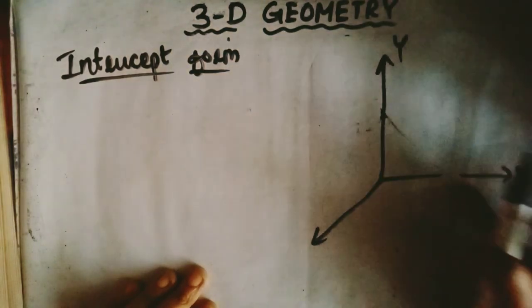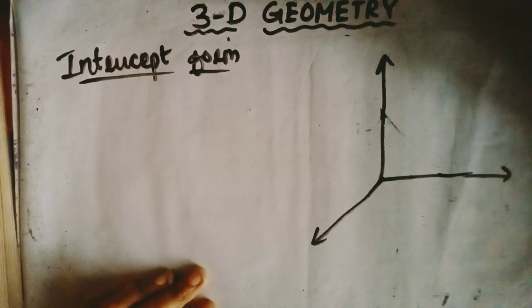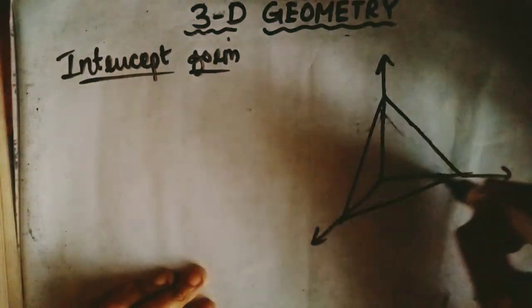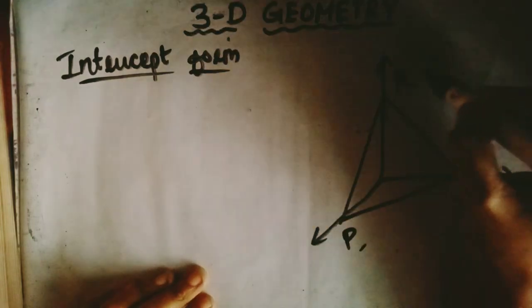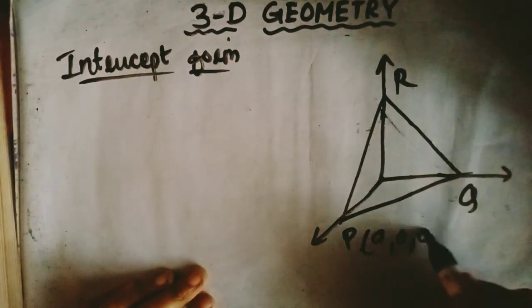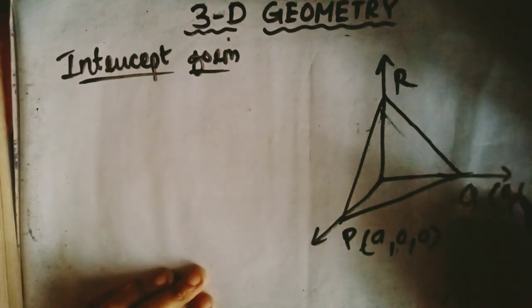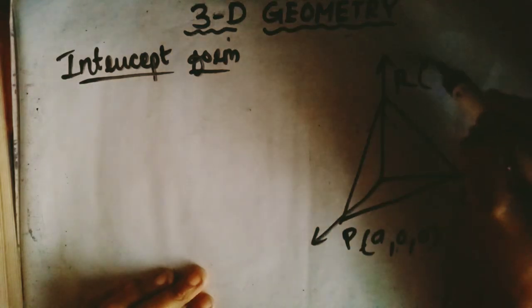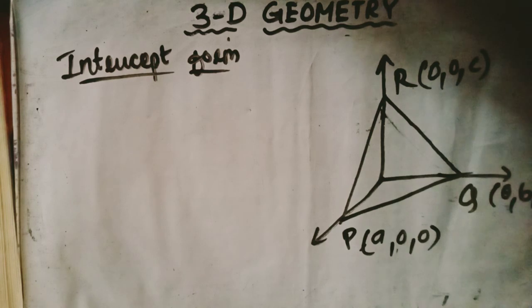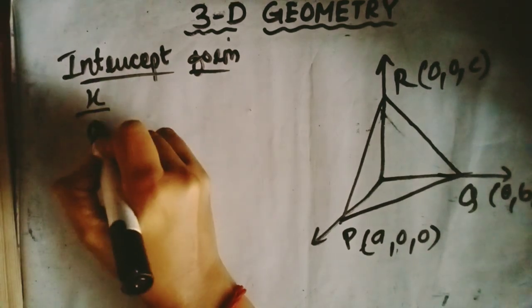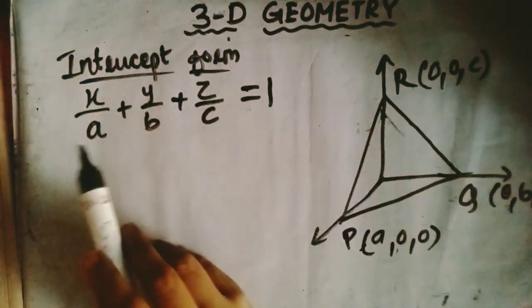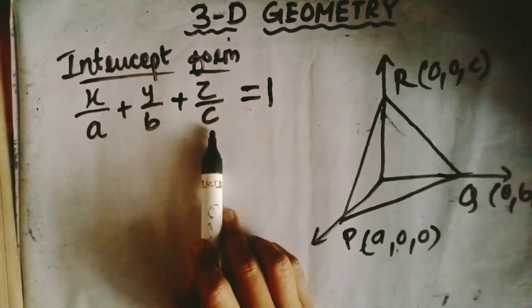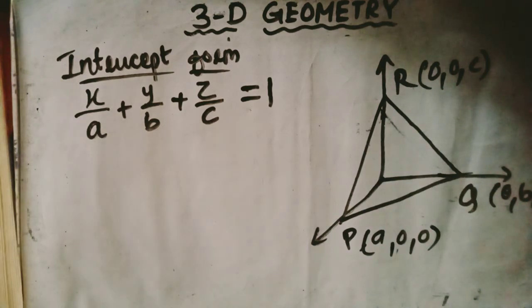So if there is a plane which is touching all three axes like this, at (a, 0, 0) on the x-axis, (0, b, 0) on the y-axis, and (0, 0, c) on the z-axis, then the intercept form is given by x/a + y/b + z/c = 1, where a, b and c are the intercepts.